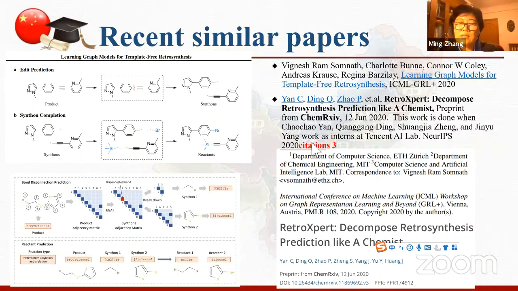And we can see that both papers have fewer citations compared with our two papers.